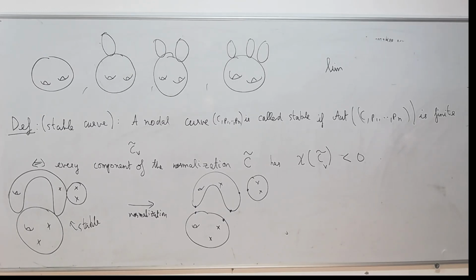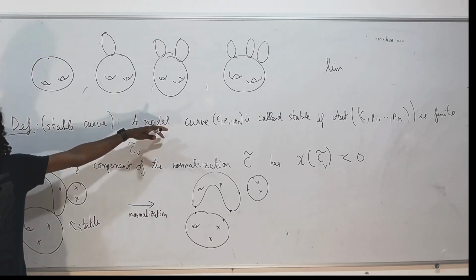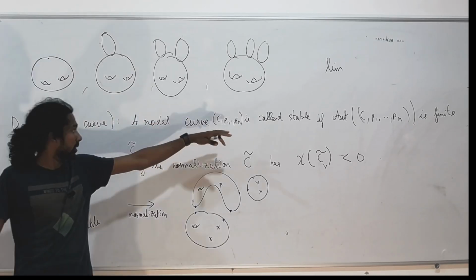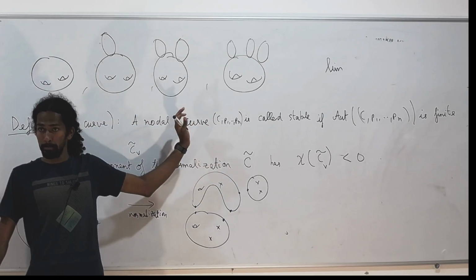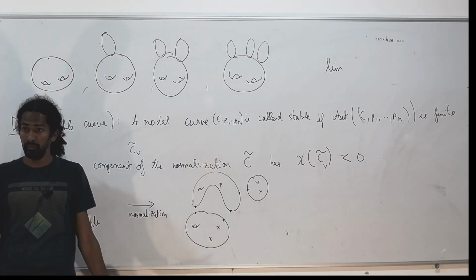And then a nodal curve with marked points will be nodal, or at most nodal. It doesn't have to have nodes. If it does have nodes, the marked points are not allowed to be nodes. The marked points cannot be nodes.